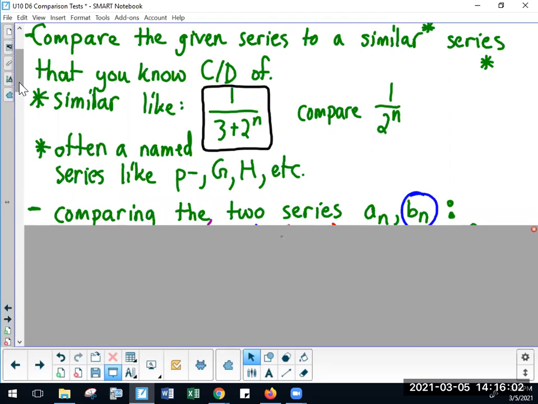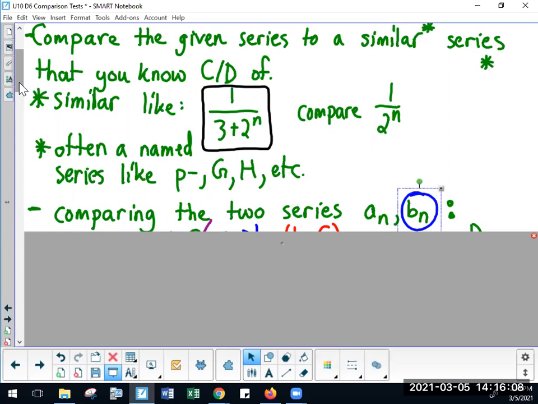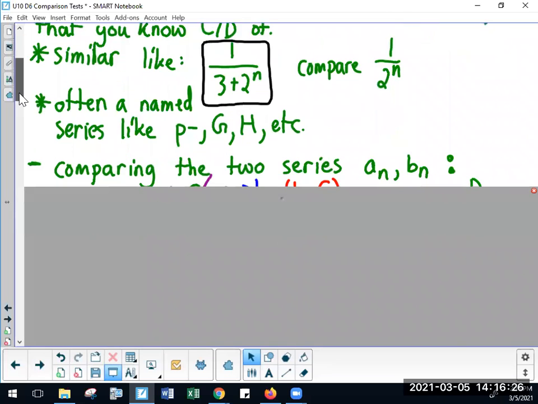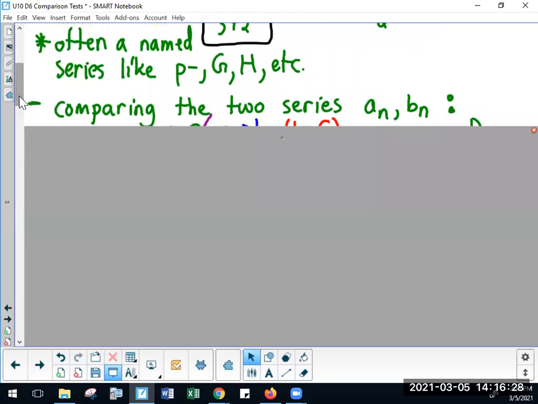We're going to compare the two series, and I'm going to arbitrarily declare one of the series A subscript n and the other series B subscript n, solely for the purposes of saying I have two different series here. If I refer to both of them as A sub n, that could get confusing. One of them is the original series.